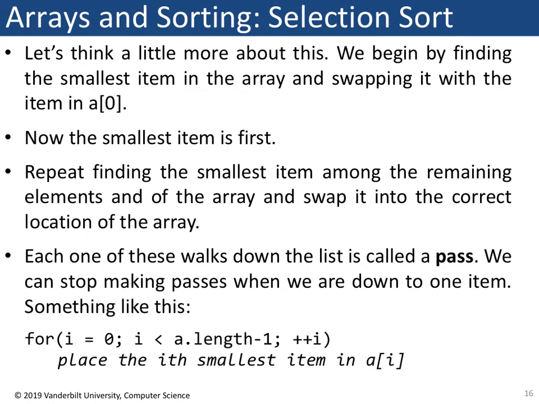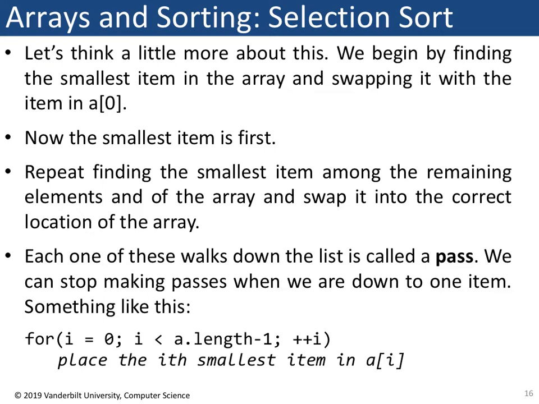We want to have the effect on the existing array object. And we can't just overwrite the value that is stored in 0, because then we're going to lose that information. So we must swap the value that we find to be the lowest with the value which is currently stored in element 0.